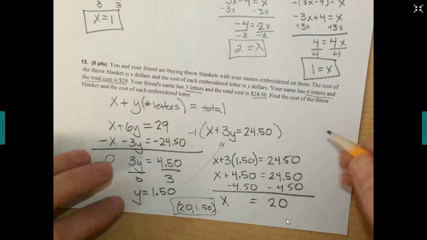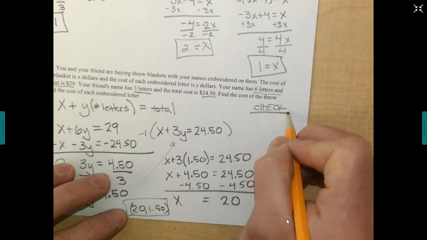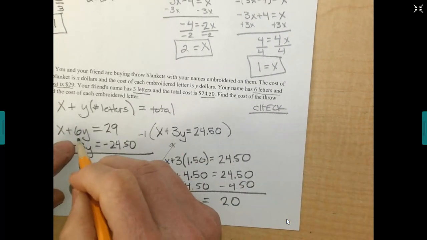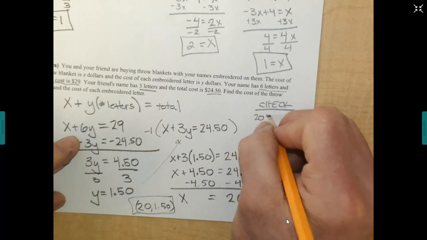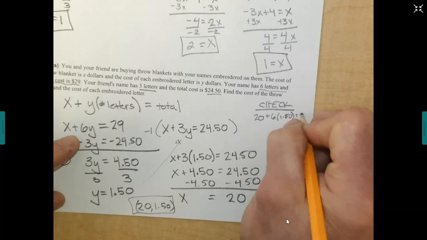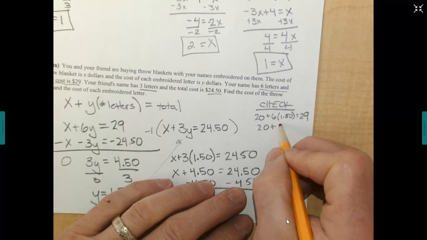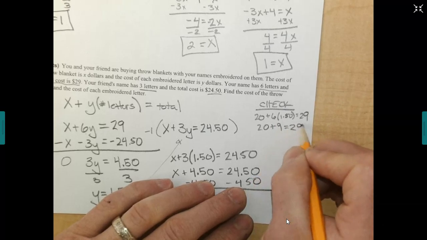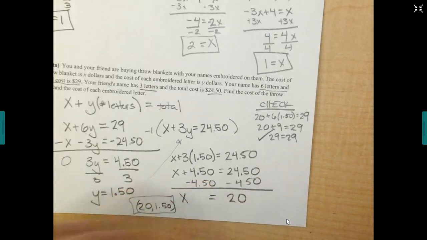Now can I check it? You betcha. So if I check it, I plug it into this one, x plus 6y, so 20 plus 6 times 1.50 equals 29. 20, 6 times 1.50 is 9. 29 equals 29. That checks.